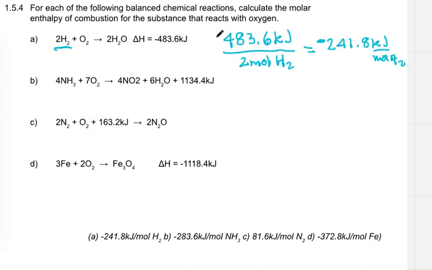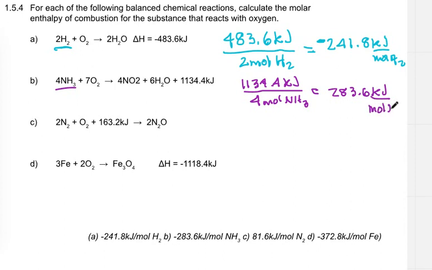This one, they're talking about the thing that reacts with oxygen being the ammonia. So in this case, we're getting 1,134.4 kilojoules for every 4 moles of NH3. 1134.4 divided by 4 is 283.6 kilojoules per mole of ammonia.